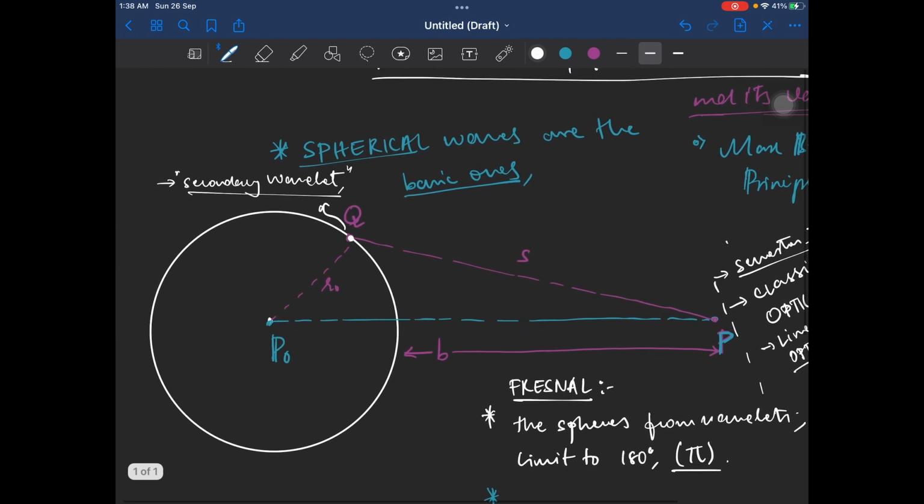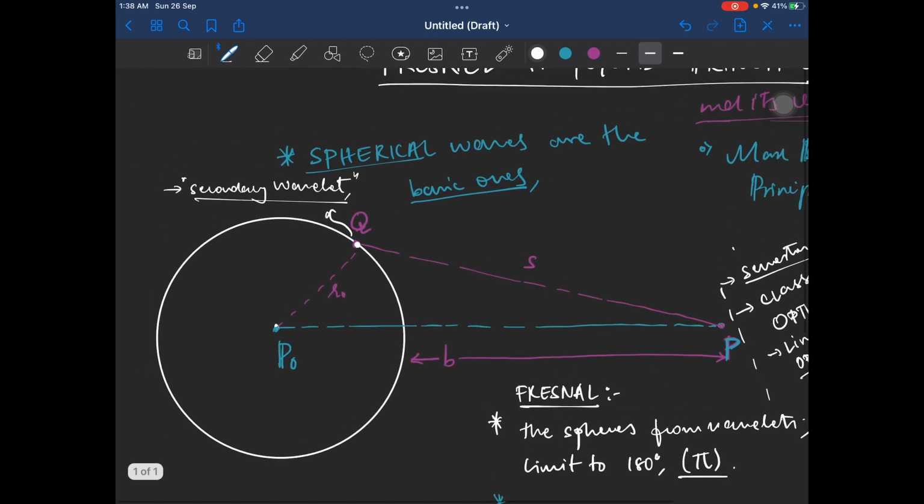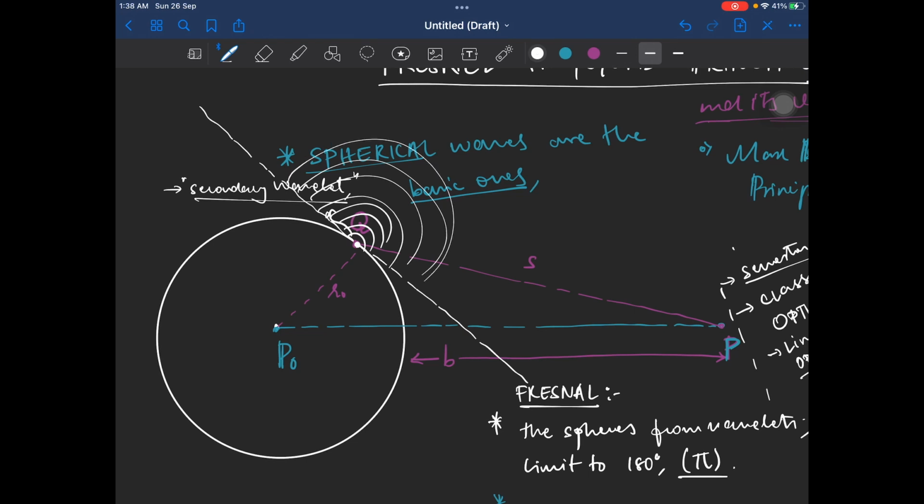So basically, draw a tangent here, such that these are the secondary wavelets. Okay. Now one of these is going to land here. Somewhere here, right? Okay, this is bad.